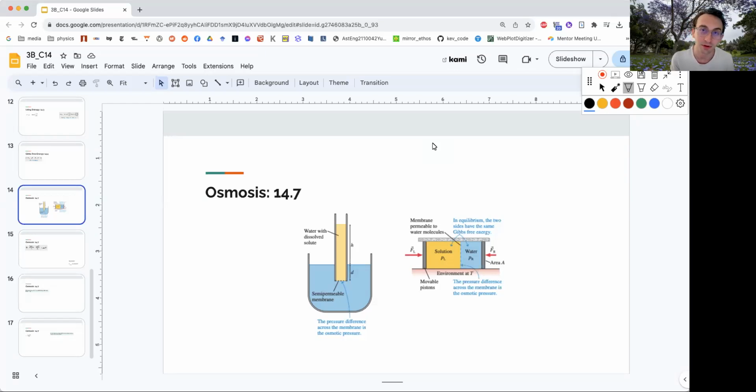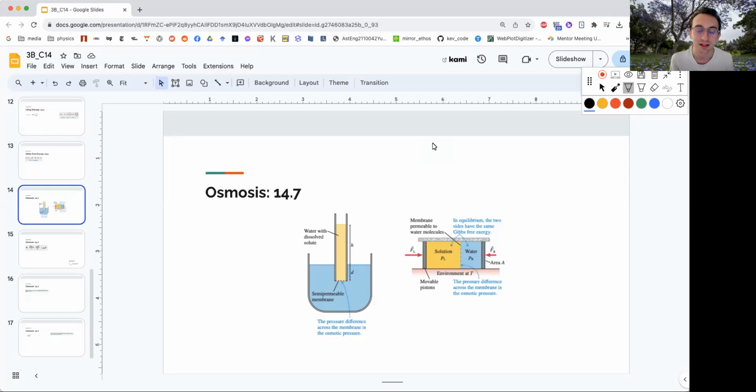If you want more detail, I would highly encourage you to read section 14.7 and compare it to the last section in chapter 13 on diffusion, because osmosis and diffusion are often mixed up. They're often conflated when you're reading about them in biology and biochemistry. And I think by looking at the physics, you can see where they are similar, but also where they're different.